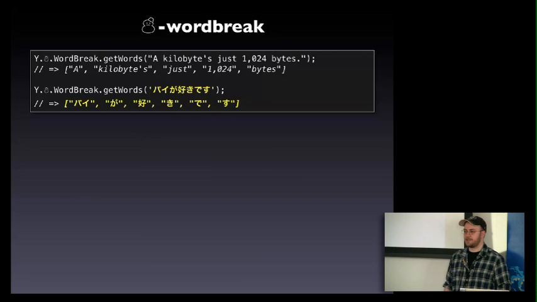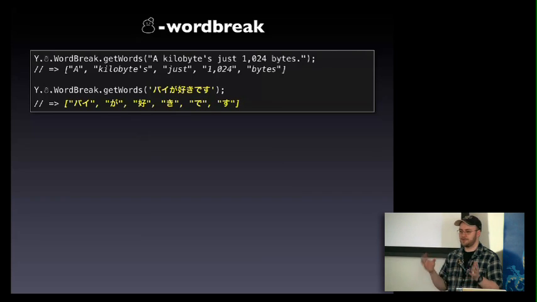If I pass in a string of Japanese, with some katakana characters, and also some hiragana and some other characters, word break is at least smart enough to know that you shouldn't break apart two katakana characters because those work together to form a single word. And the other glyphs are more likely to be individual words. Even though there are no spaces between them, we can probably break them apart pretty safely.